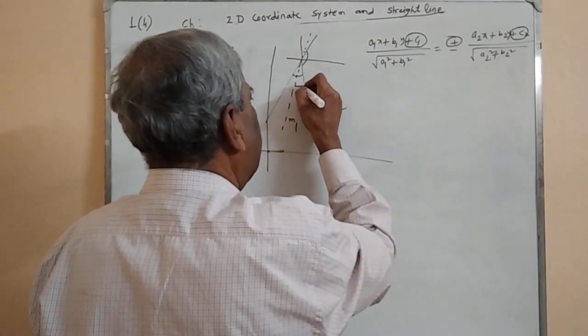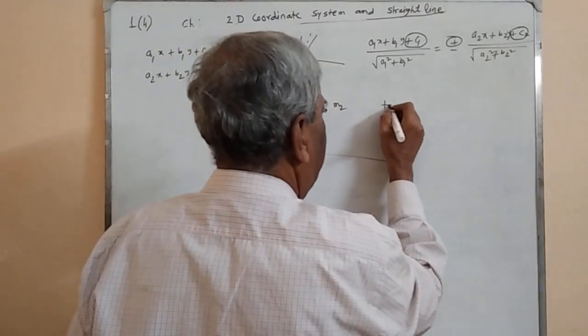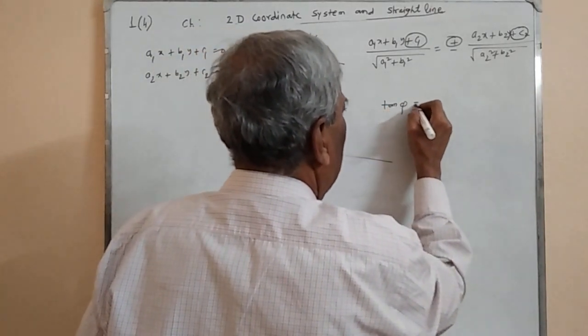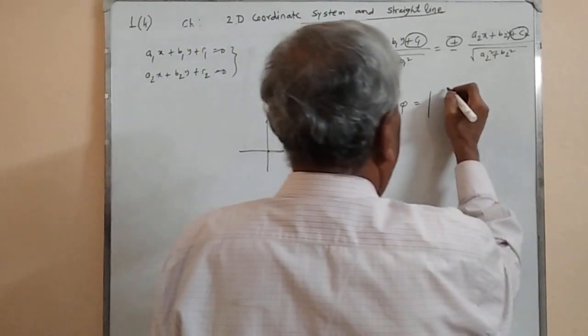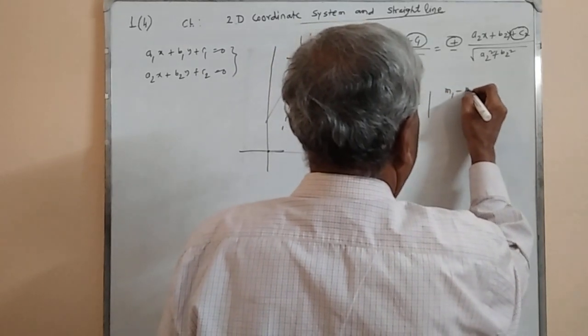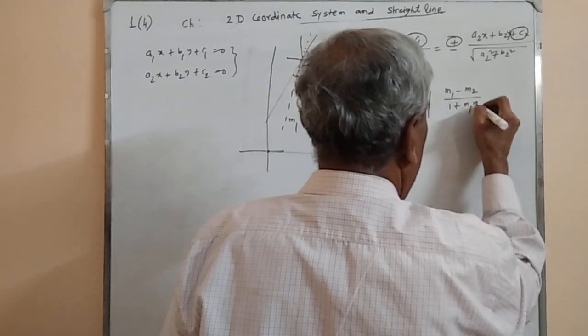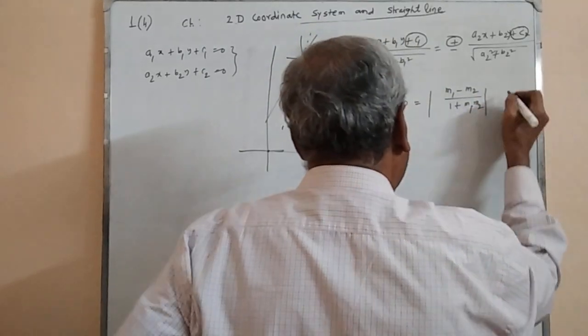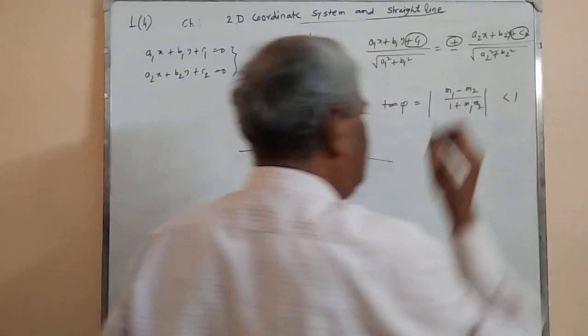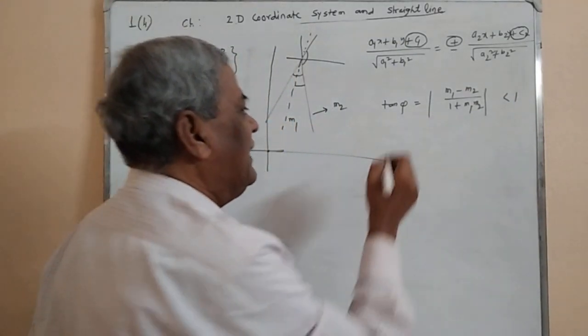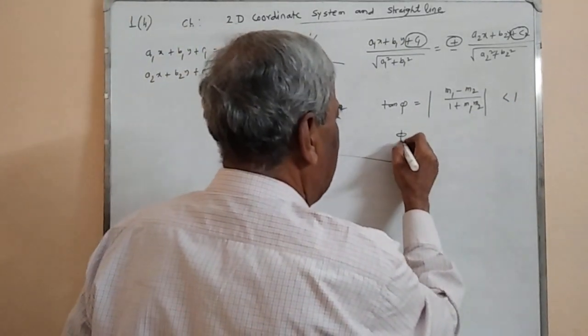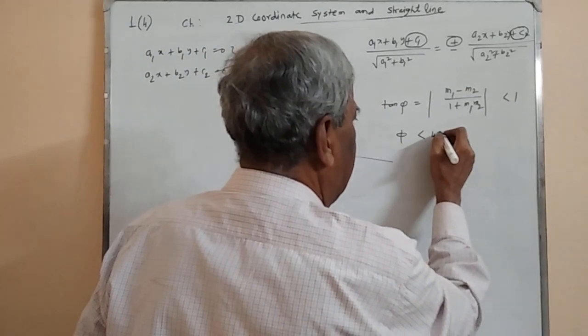So now calculate tan phi, which is equal to mod of (m1 minus m2) by (1 plus m1 m2). If it is less than 1, then phi is less than 45 degrees.